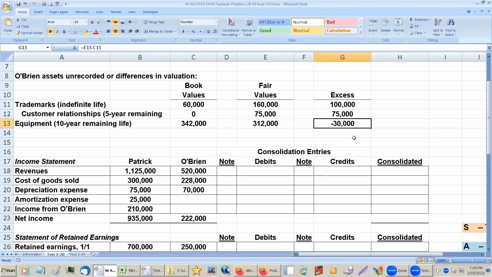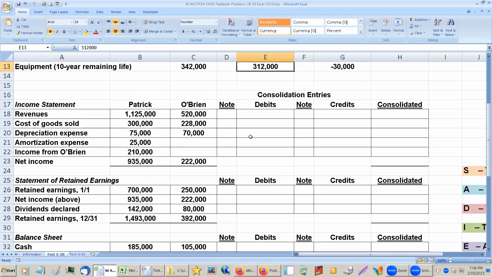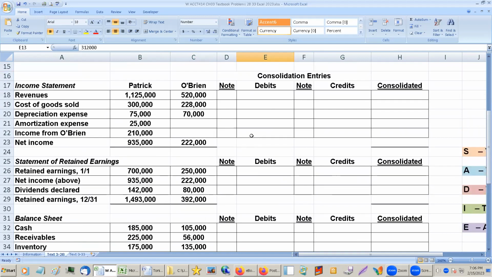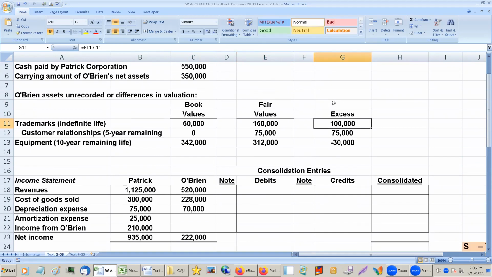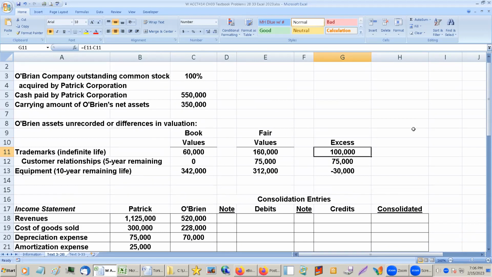So we're going to have to deal a little bit with that when it comes to the assets and with the expenses, because we're going to be depreciating less than they are. All right. Now, I happen to know that there is some goodwill on this one.